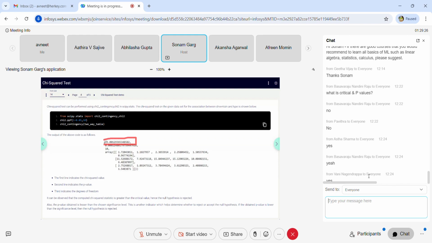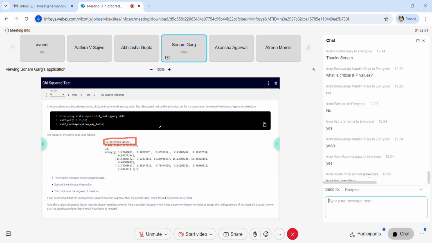Similarly, when you are using a t-test instead of a chi-square test, you will get some value like this, which we call the test statistic. In general, this value is called the test statistic, which is specific to the test you are doing. Here we are doing a chi-square test, so this is called the chi-square test statistic. If you go for a t-test, that will be called the t-test statistic.